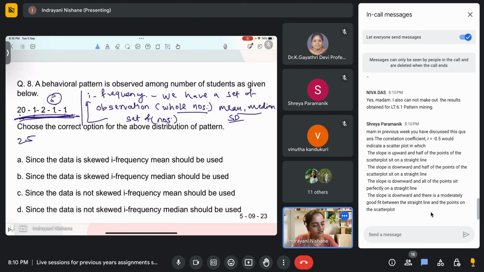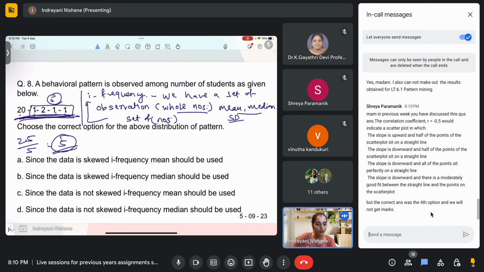So 25 divided by 5 will give us 5, whereas this is not observed 5 times for the rest of the 4 students, right? It is nowhere near, their count is 1 and 2. So in that case our significance will not be correct, and our consideration will not lead to a correct representation of the log data which we have. Hence in such a case we should consider the median. So the median in this case is 1, which is occurring thrice.